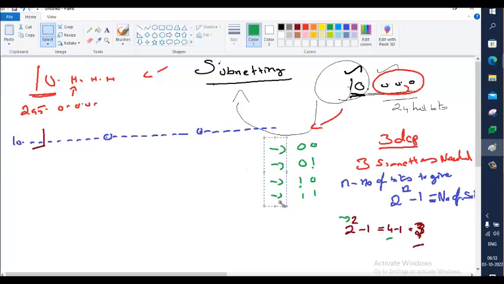Now let it be like this. I'm coming back here. The value of this place is 128, right? 2 to the power of 7. This place is 2 to the power of 6, which is 64.